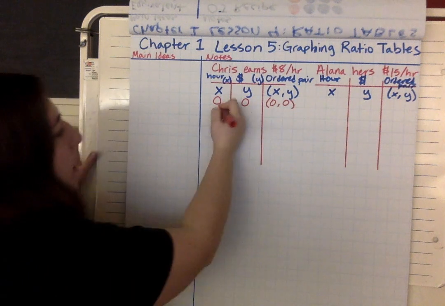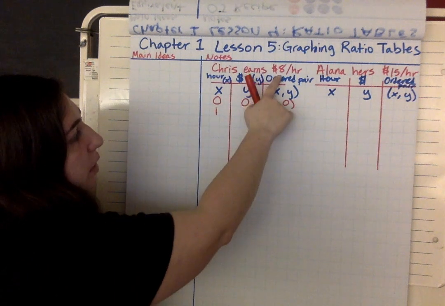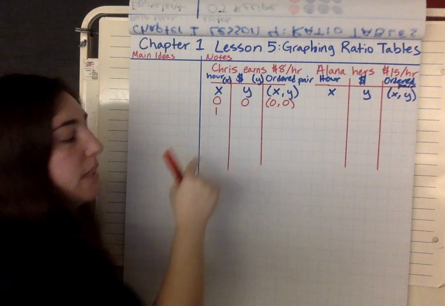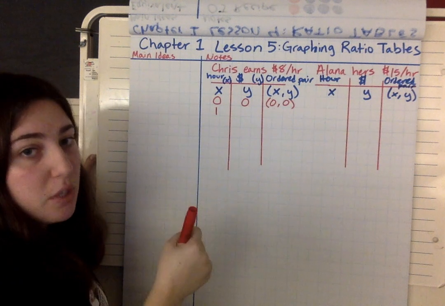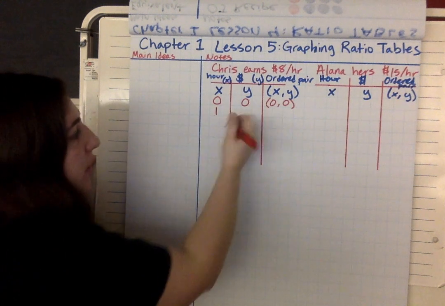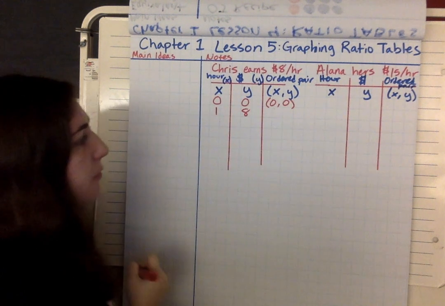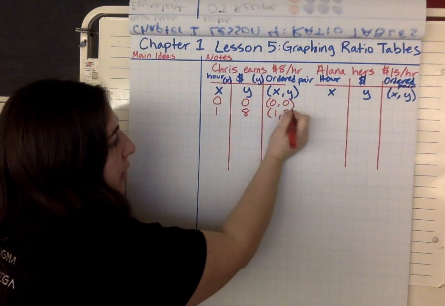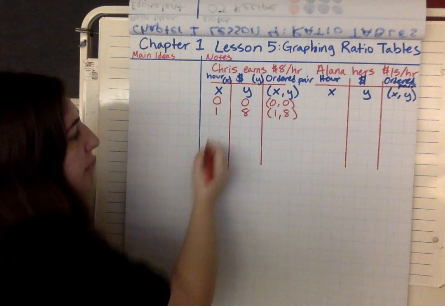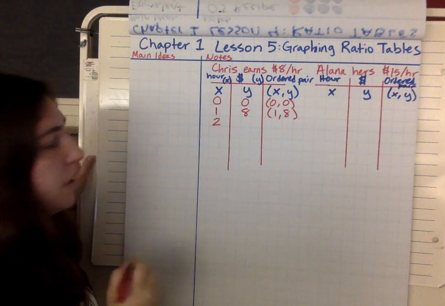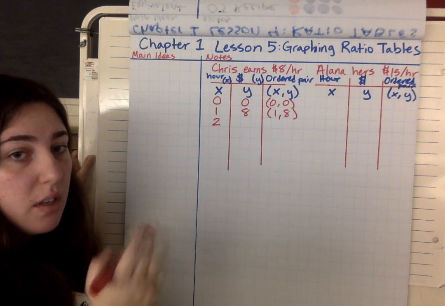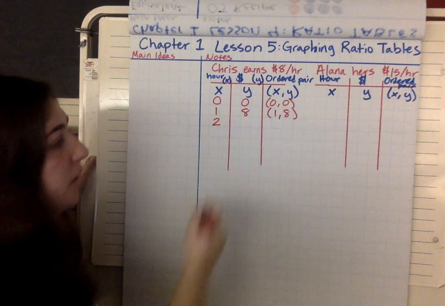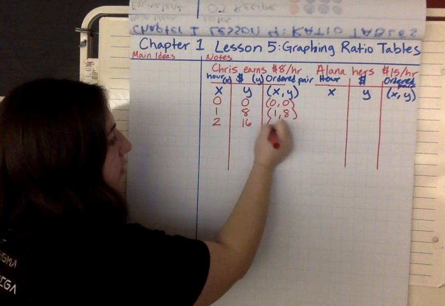Now if he worked 1 hour, Chris would earn $8, because $8 for every 1 hour. Here we have 1 hour, and I put an 8 here. So our ordered pair is going to look like (1, 8). If he works 2 hours, it's $8 for every hour, so that means he'll make $16.